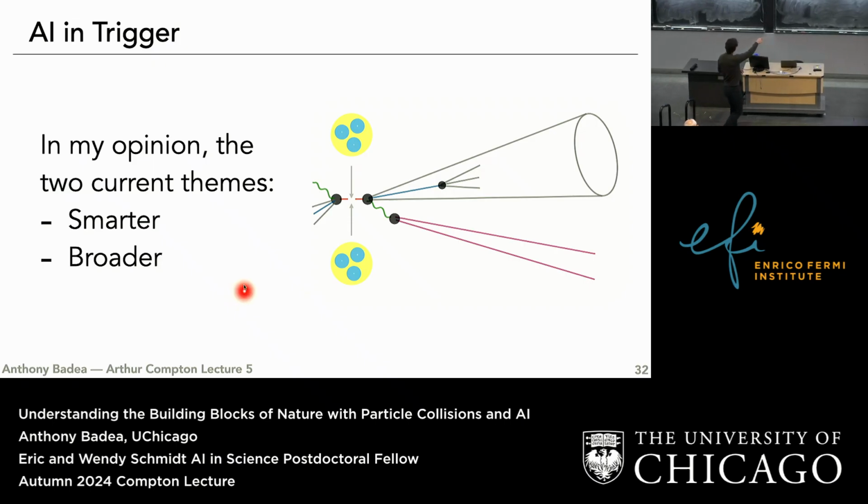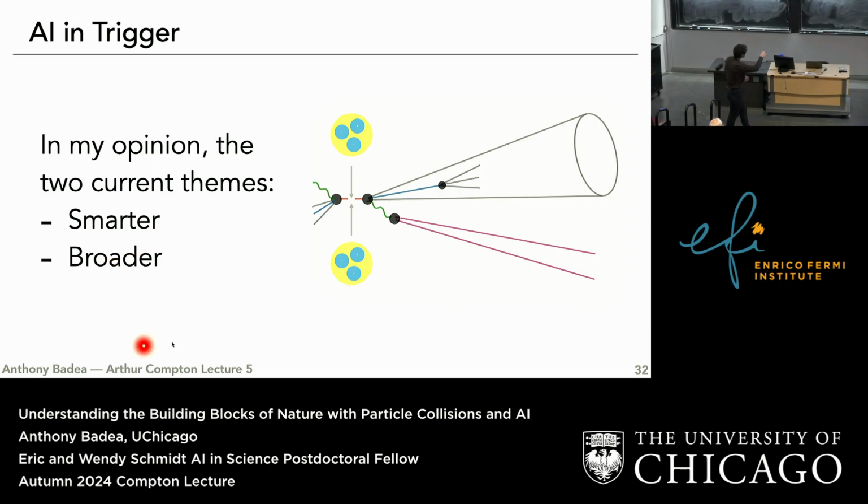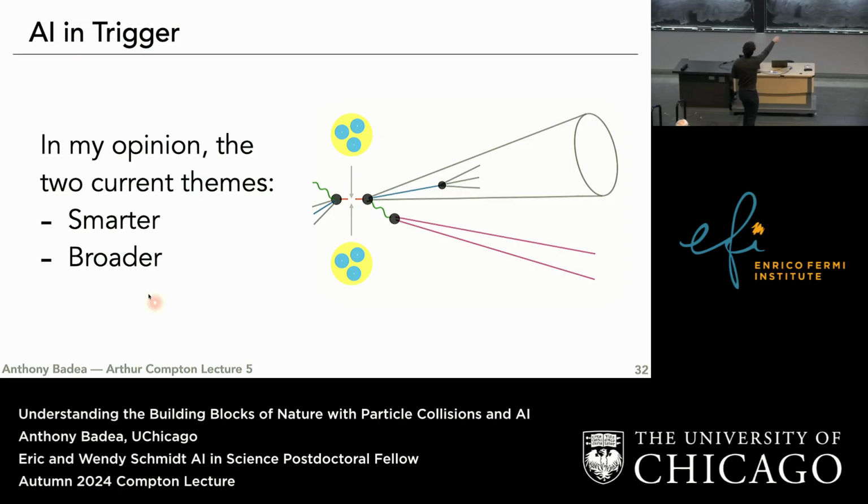The two themes, I think probably you could guess them. One is smarter and one is broader. So two big classes. In essence, smarter is going to be how we actually read the data to decode the particles that we see here. And then broader is to be more agnostic to any biases about what we assume is going on.